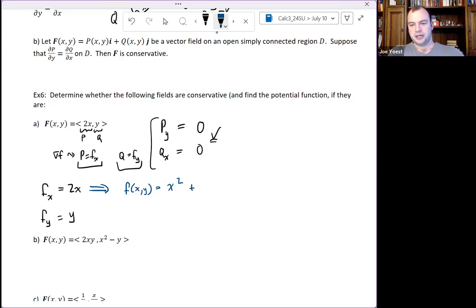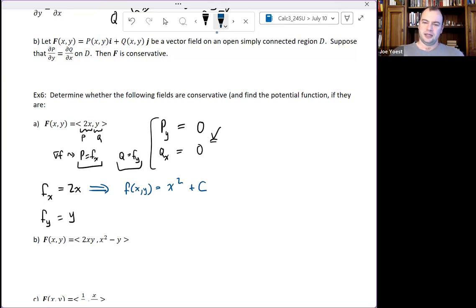And then I shouldn't forget plus a constant. But one thing I have to be a little bit careful of here is when I say a constant, well, in single variable calculus, it was clear what that meant. It just meant a number, not a variable. But here I'm dealing with the partial derivative with respect to x. I kind of integrated with respect to x, holding y constant.